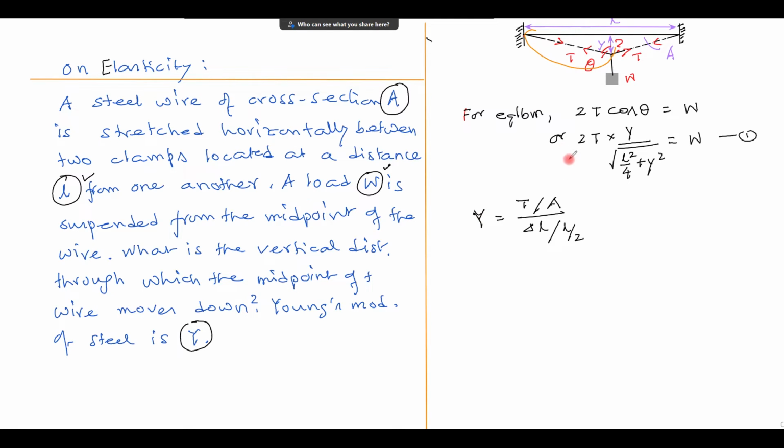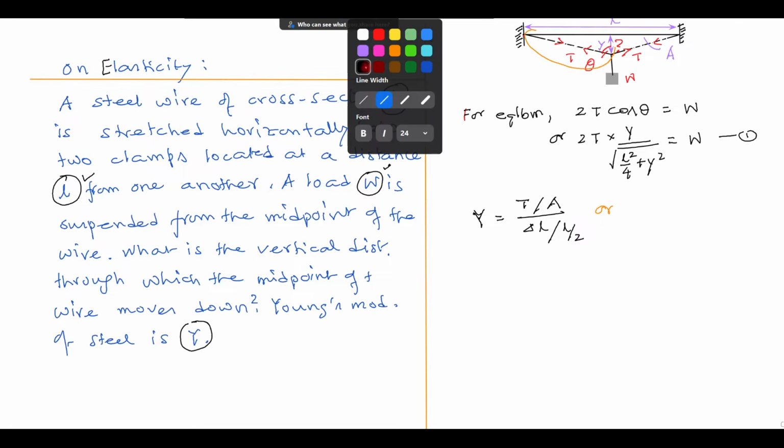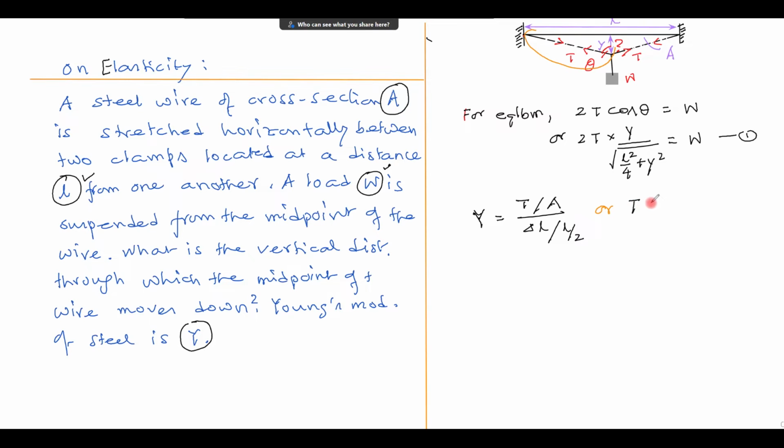I am considering half. Okay. Or T equal to Y into del L into 2 by L into A. Is it okay?